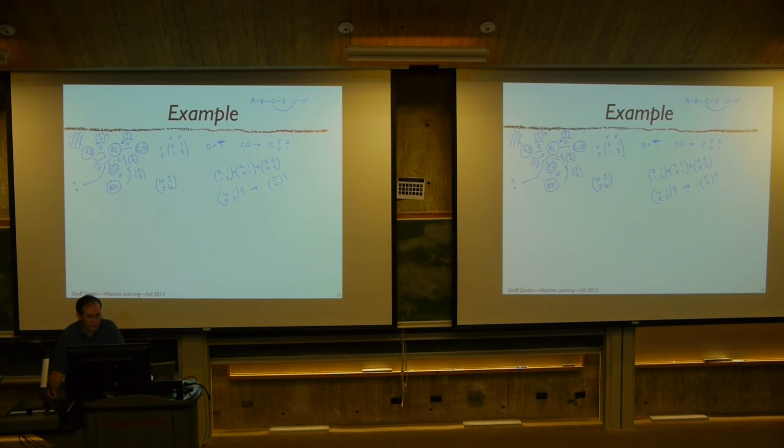It's 9, 9, and then here, 9 times 2, 1, 1, 2, when we sum it out, we'll get 27 and 27. And then from here, the message coming in was 3, 3. We multiply by 2, 1, 1, 2, and so it'll be the same 9, 9 message. Where do I have space to write it? Maybe up here, 9 and 9.